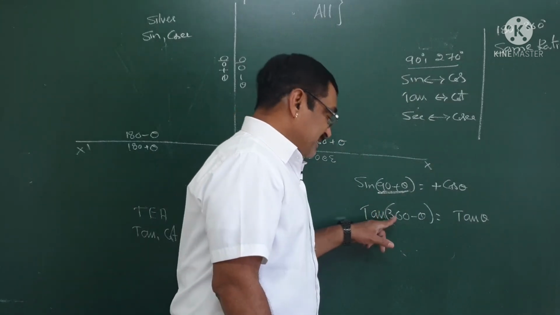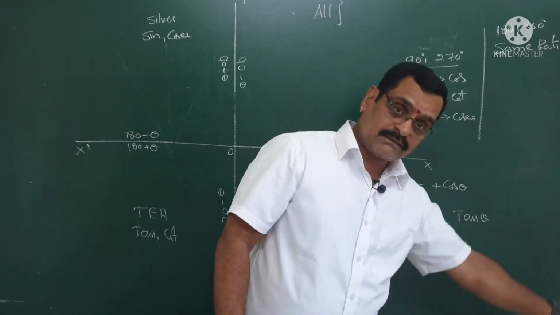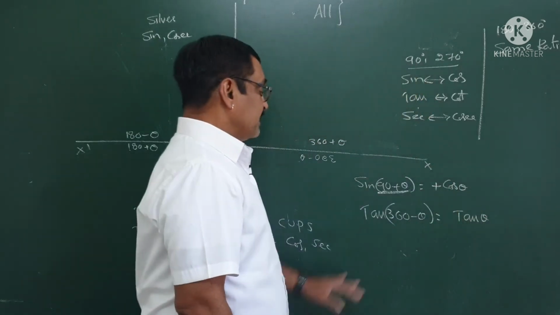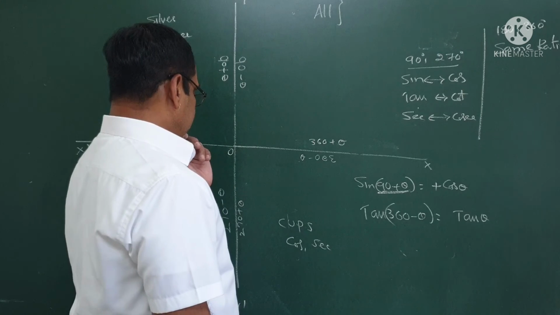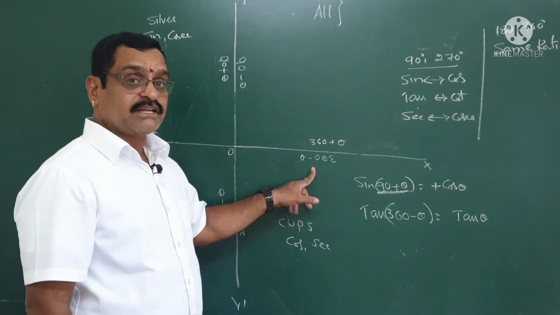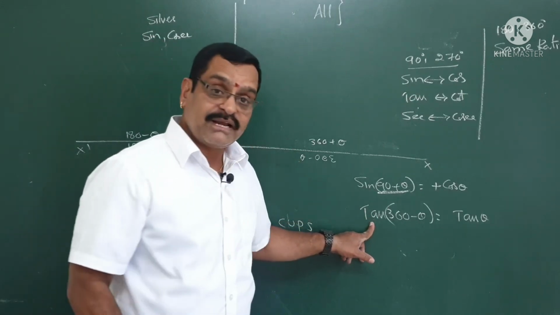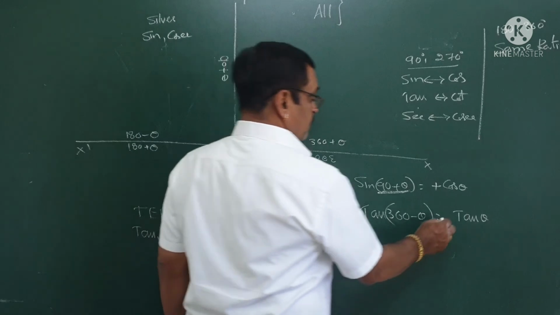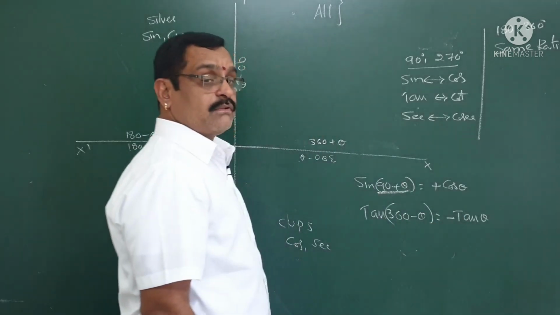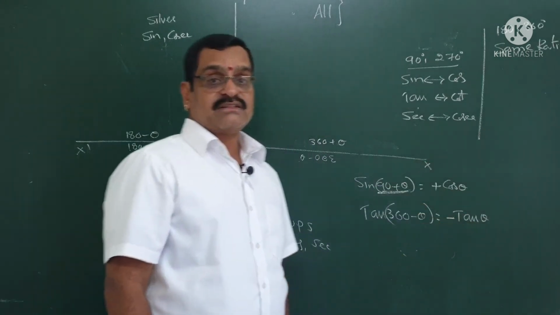Because of 360, tan transforms into tan. Step 2. 360 minus theta lies in the fourth quadrant. In the fourth quadrant, tan is negative. So my answer is negative tan. So tan of 360 minus theta is equal to minus tan theta.